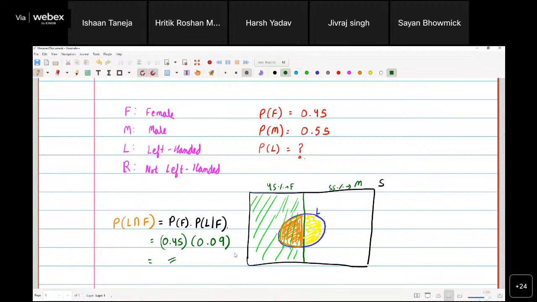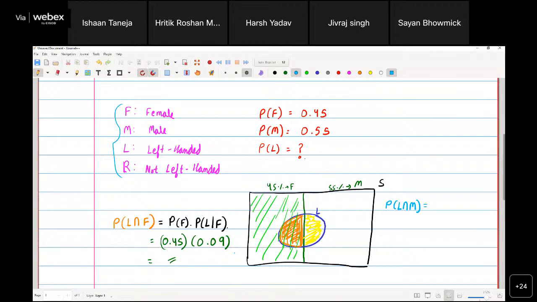Now what about the yellow region? How can I write this yellow region in terms of these events? Male and left-handed. L intersection M, right? It's the intersection of male and this blue circle.